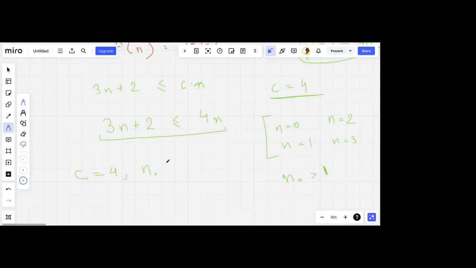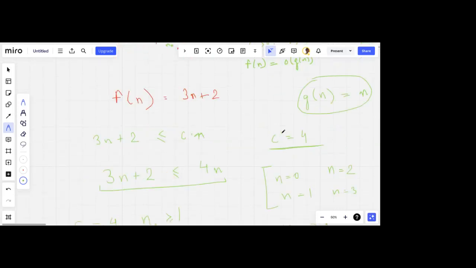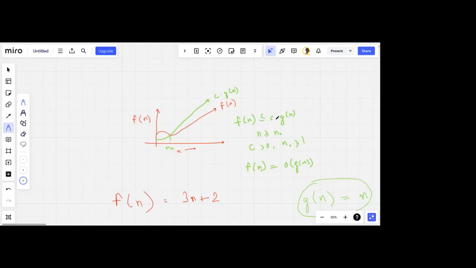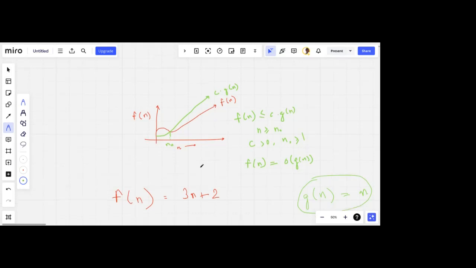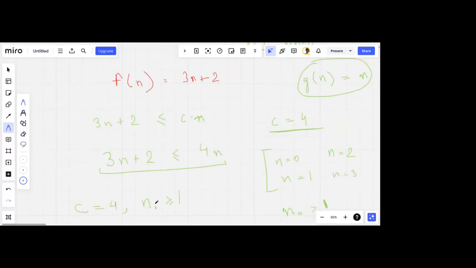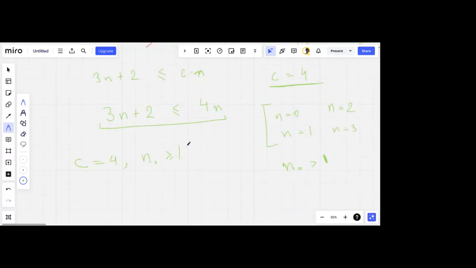and for n naught greater than or equal to 1, I have found a g of n where f of n is less than or equal to c into g of n. Is this statement correct? Yes or no?